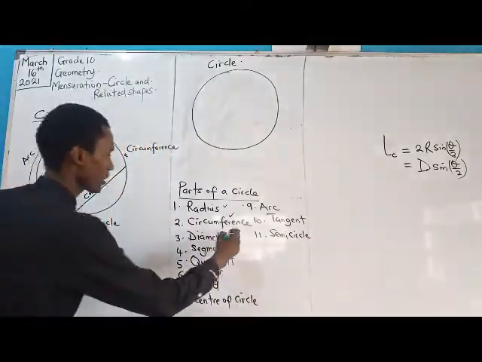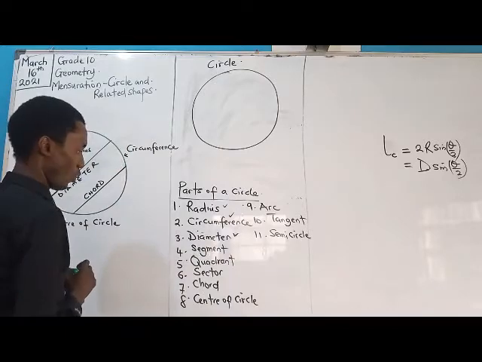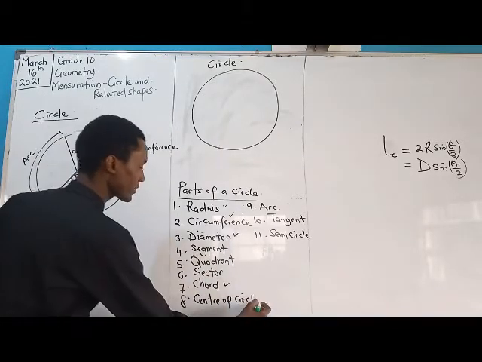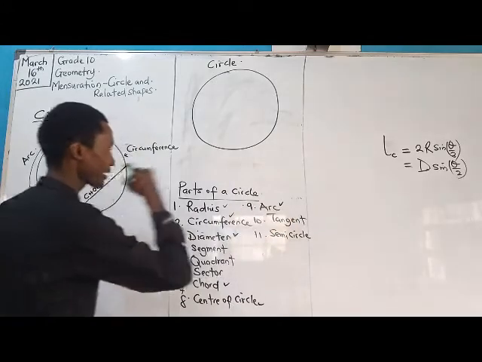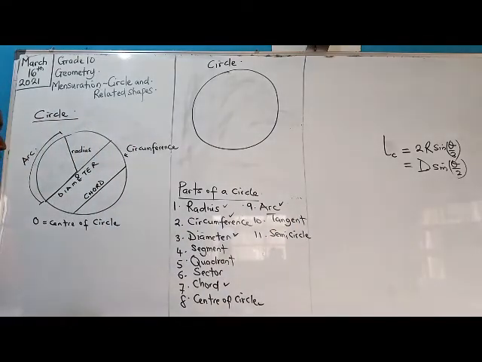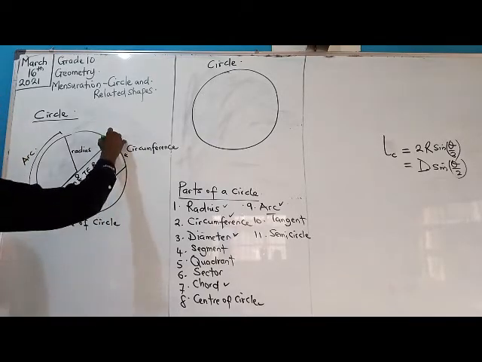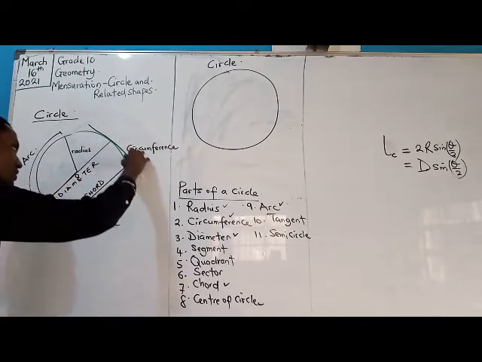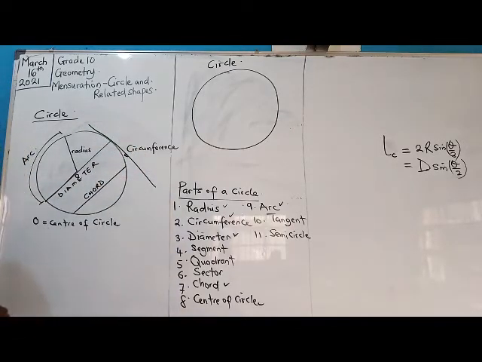So let's see, we have talked about diameter, we've talked about chord, we talked about the center, we talked about an arc. I'm right. Now, we've not talked about a tangent. What's a tangent? A tangent is a line that just touches any point on the circumference of the circle.